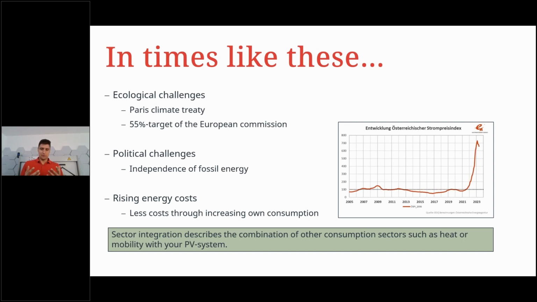If your customers are able to do this, then they can save a lot of money. They are almost independent of others, and they can really do something for the environment. So sector integration is a very important topic for us, and I want to show you what kind of solutions Fronius offers to include other consumption sectors into your PV system.